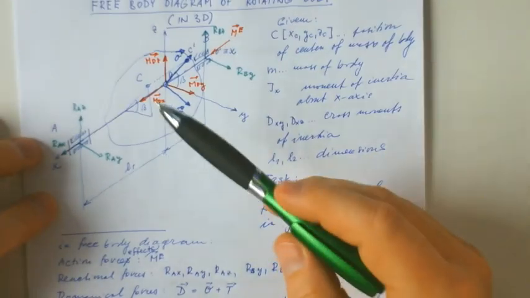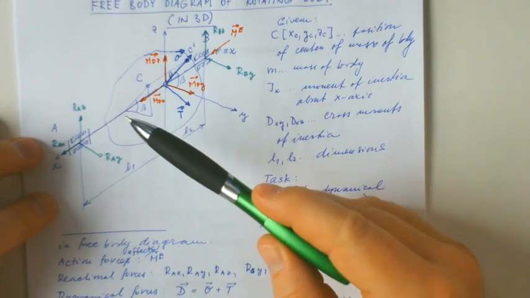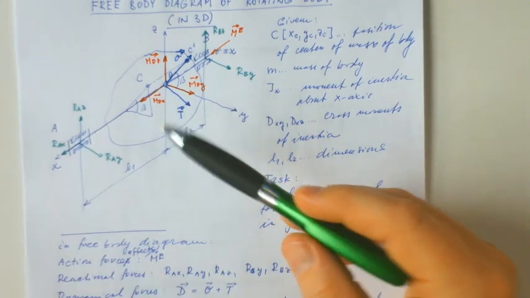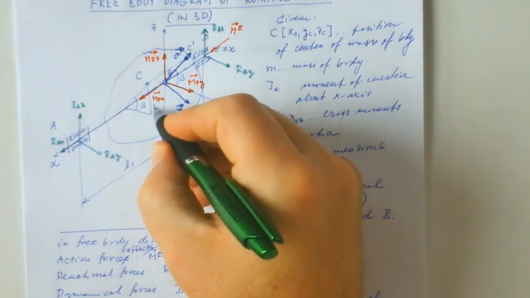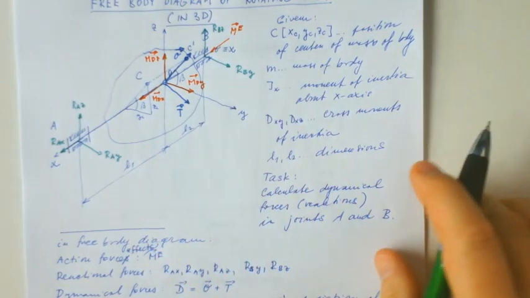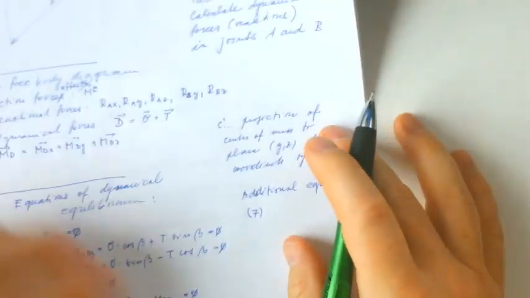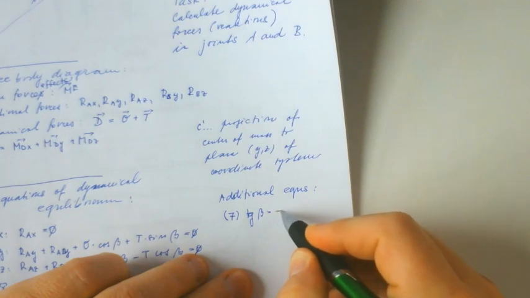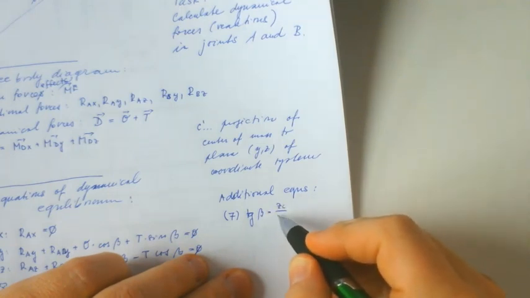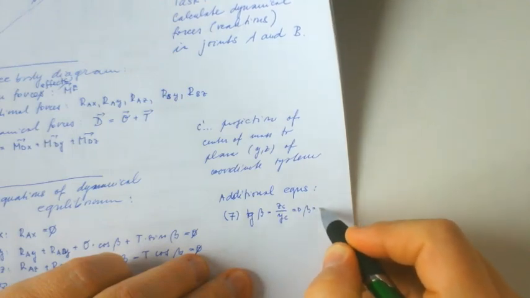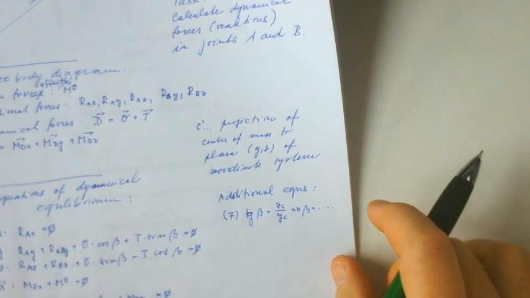We can calculate this angle beta from the position of center of mass, because this is ZC and this is YC. So tangent beta is the ratio ZC and YC. From that we can calculate beta directly.